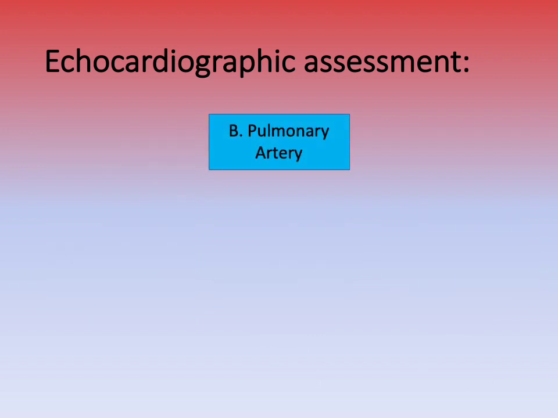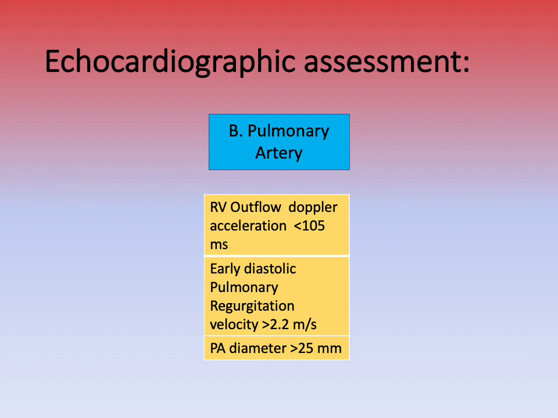In pulmonary artery there are three variables: RV outflow Doppler acceleration time less than 105, pulmonary regurgitation velocity of more than 2.2, pulmonary artery diameter more than 25 mm.